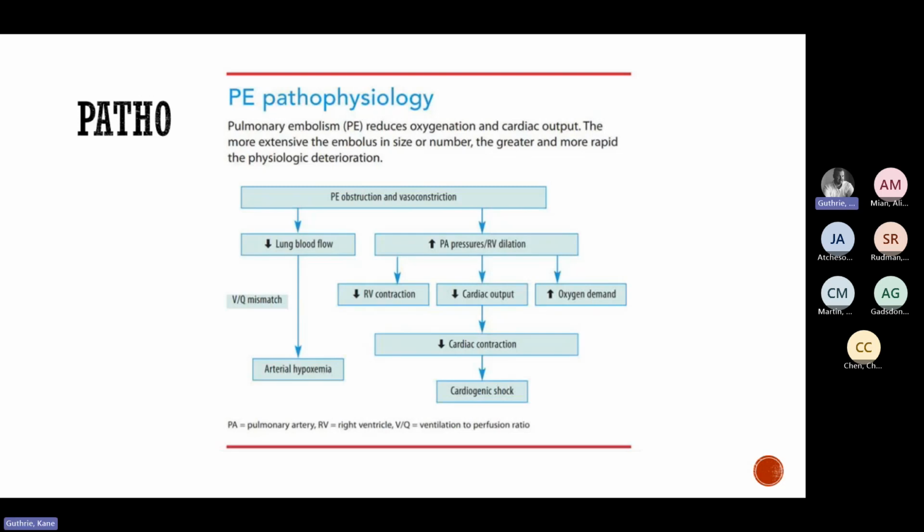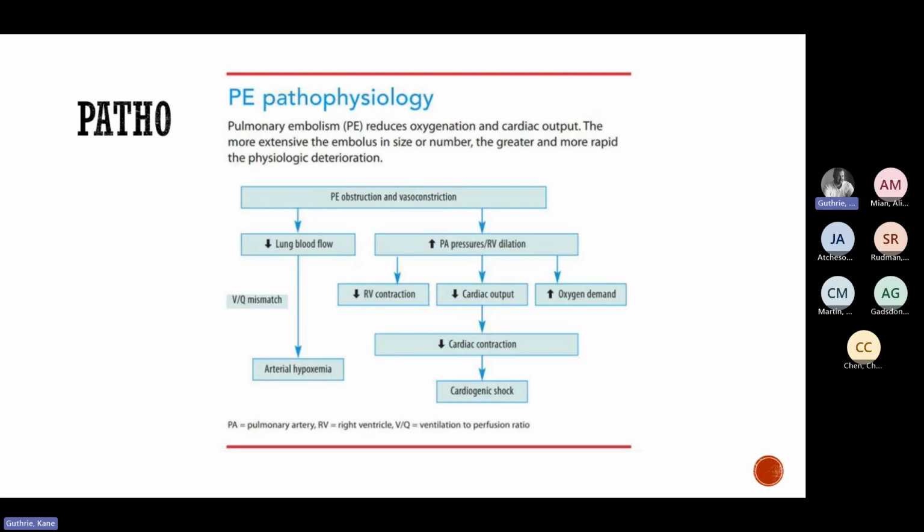We then see the cardiac effects of managing big PEs. And this is where you get an increase in your pulmonary artery pressures and you get right ventricular dilatation. And this causes your right ventricle to decrease in its contractility and cardiac output, and increases your actual oxygen demand. And all this results in cardiogenic shock. And since we've started studying PEs, we're now a bit more appreciative of the right ventricle.